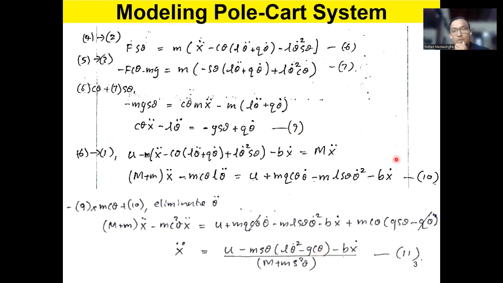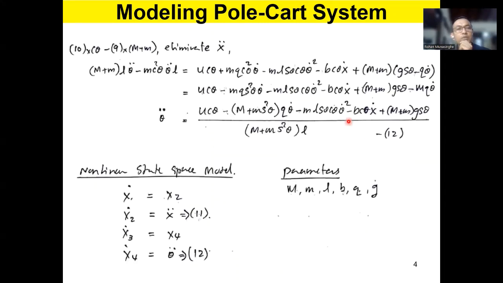Similarly, you can use the same two equations, 9 and 10, to get rid of the x double dot term and isolate theta double dot. Okay. So when you do that, this is the equation you get. This is a bit long equation. Theta double dot depends on u.